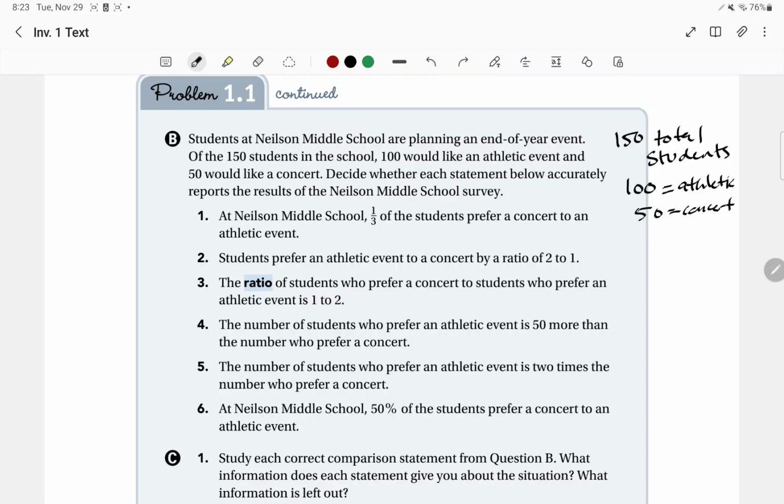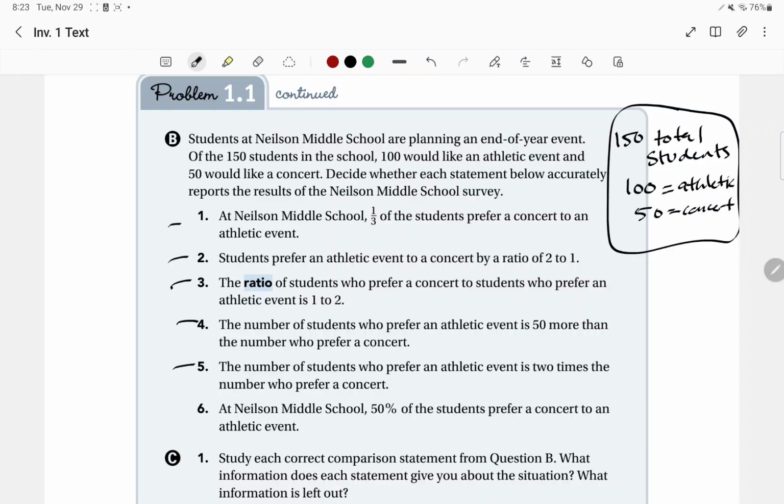Everybody had to vote. Now what you're doing is you're going through each one of these statements and determining, is that statement true or is that statement false given this information up here? For example, at Nielsen Middle School, 1/3 of the students prefer a concert to an athletic event.